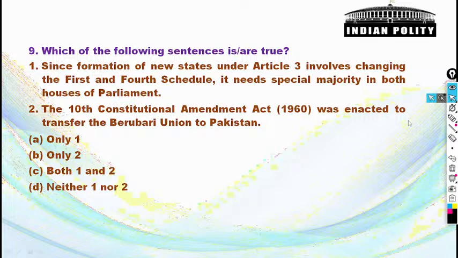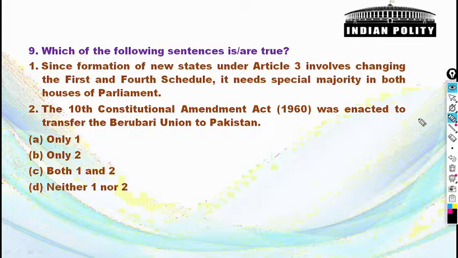Now, which of the following sentences are true? Since the formation of new states under Article 3 involves changing the first and fourth schedules, it needs a special majority in both houses of Parliament. The part about the first and fourth schedules is correct.